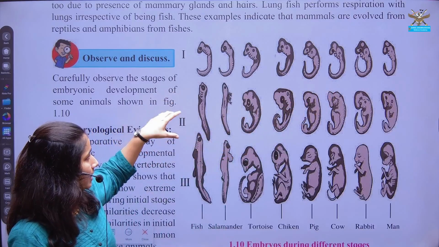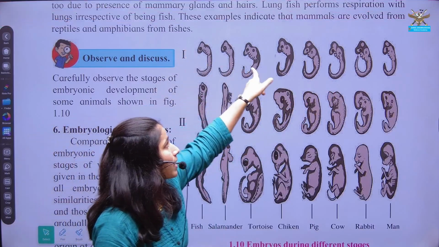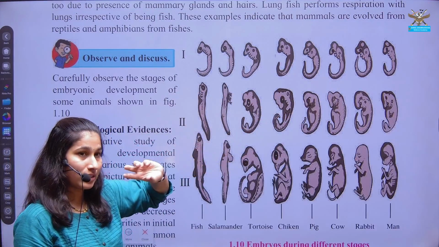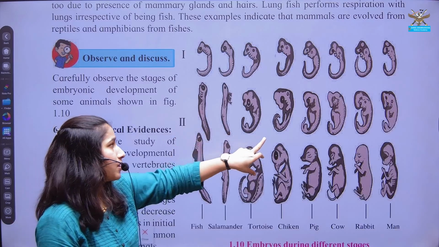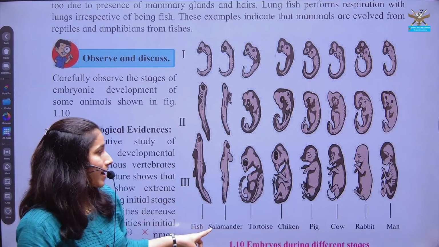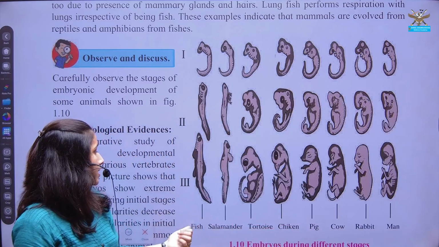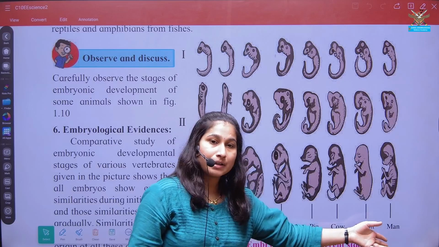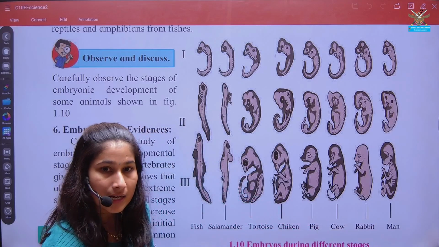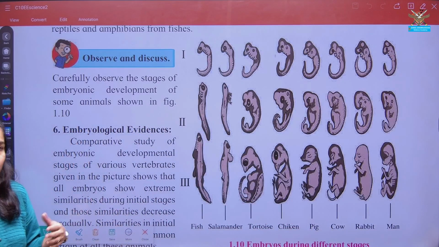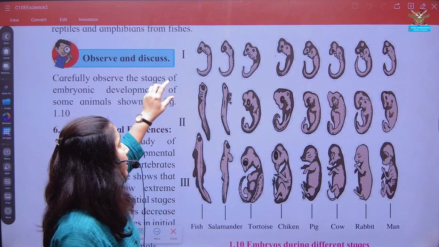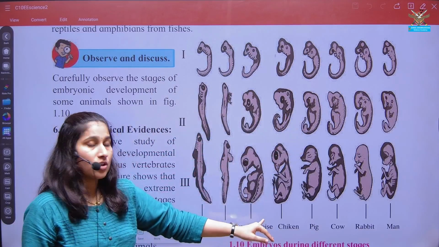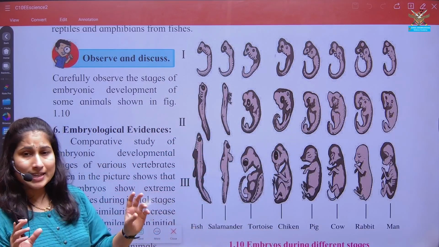But when you see the second group, these individuals which look alike in the first set now start to modify and look different, showing different structures, and finally your final product is seen. That is, the first example was fish, next salamander, tortoise, chicken, pig, cow, rabbit, man, right? These are all different individuals, belonging to different classes, orders and phyla, but whenever you see the early stage of development, each and every stage of these organisms is similar.